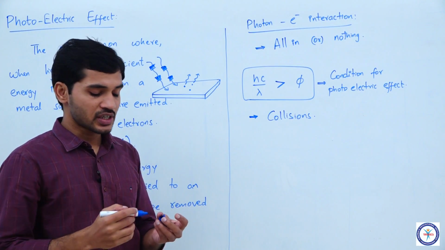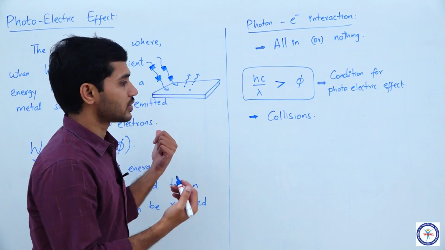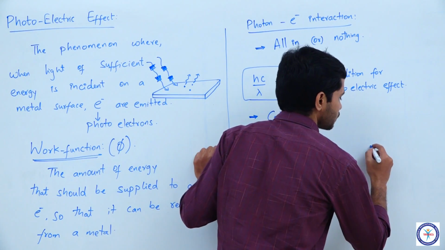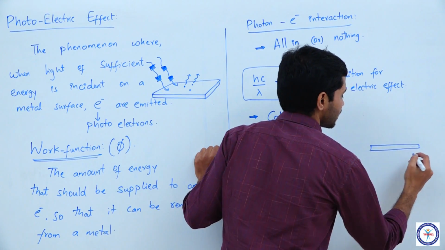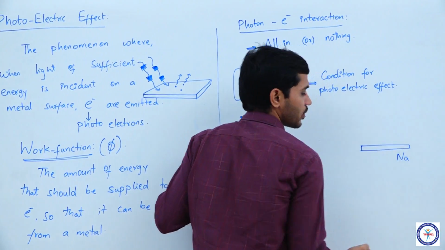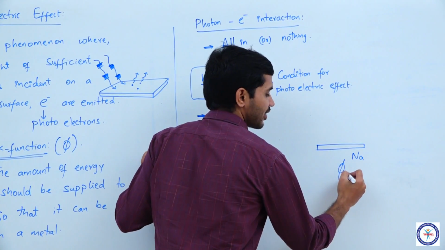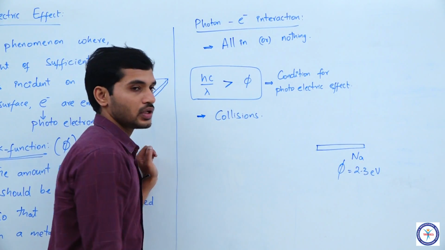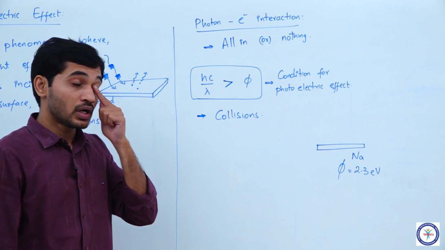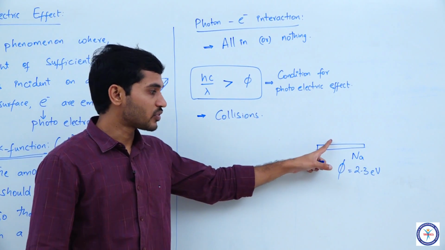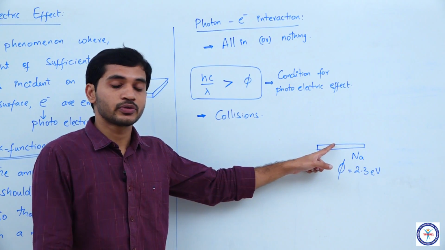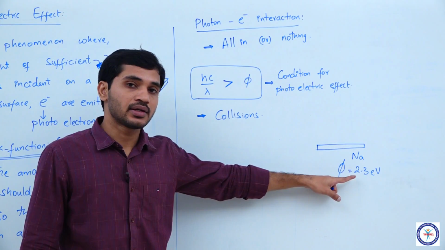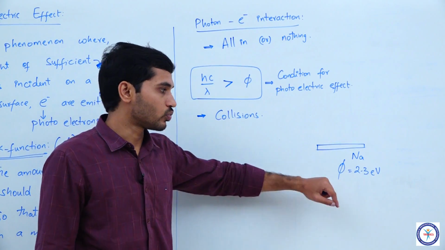So, let us think of a scenario like this. This is a sodium metal, let us consider. This is the metal surface, let us say it is Na, and Na has a phi value of 2.3 electron volts. Which means if you need to remove an electron from the surface of sodium, you will have to supply it with an energy of 2.3 electron volts.